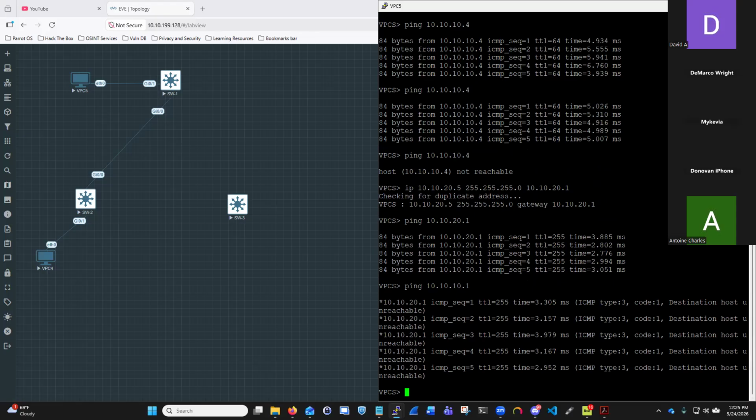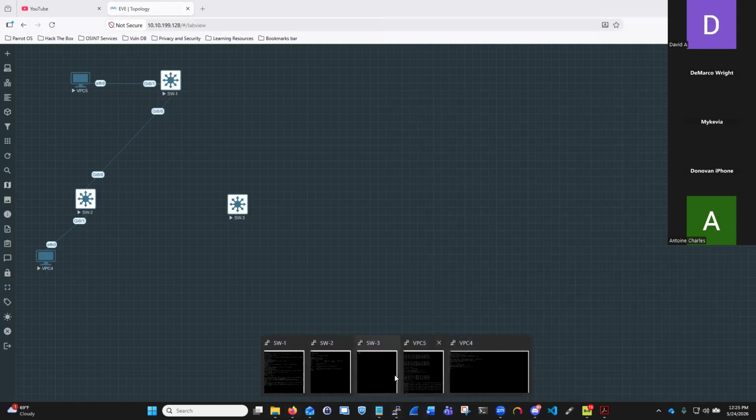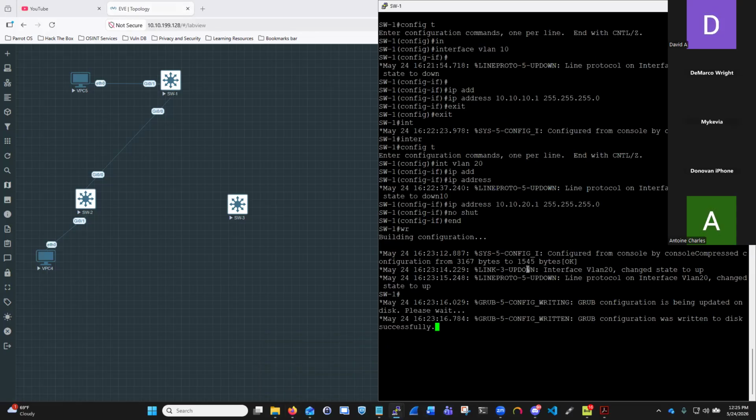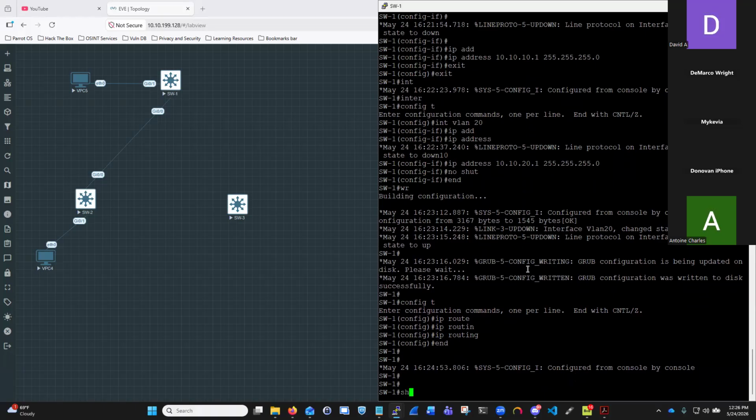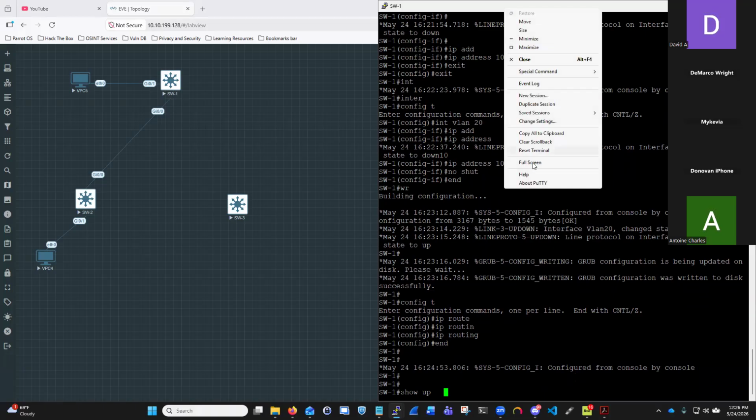Let's see what's going on, see if we're missing something. Let's go to switch one. Maybe we're missing that. Let's do a show IP route, and let's clear up this terminal for a second.